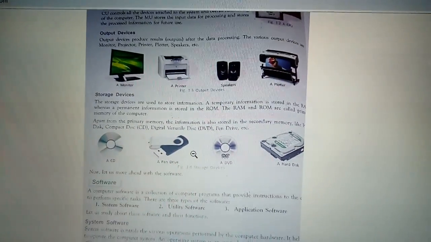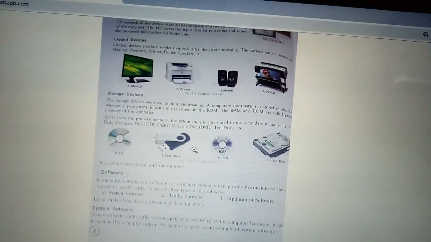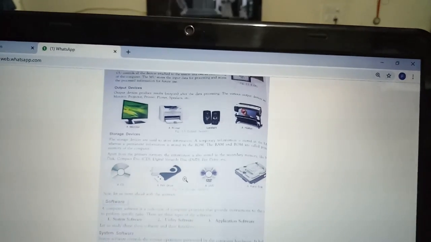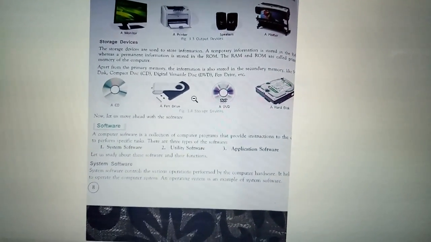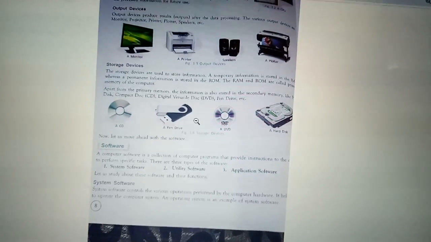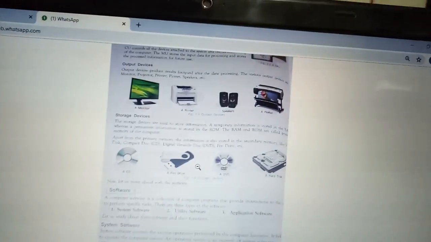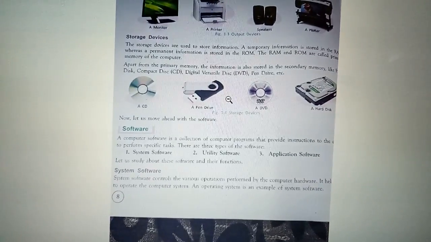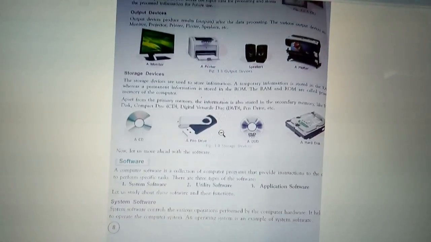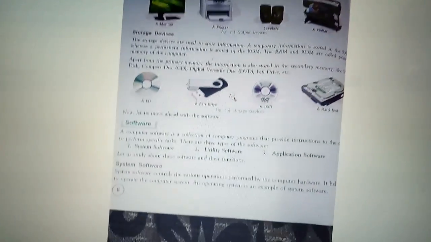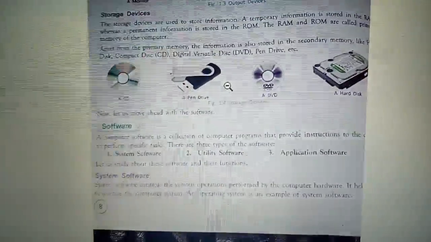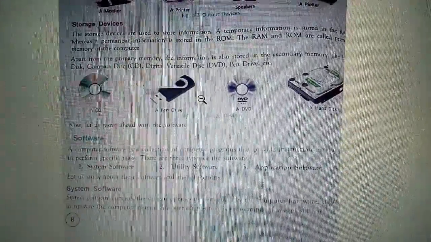The RAM and ROM are called the primary memory of the computer. Now apart from the primary memory, information is also stored in secondary memory, like hard disk, compact disc, digital versatile disc, and pen drive.